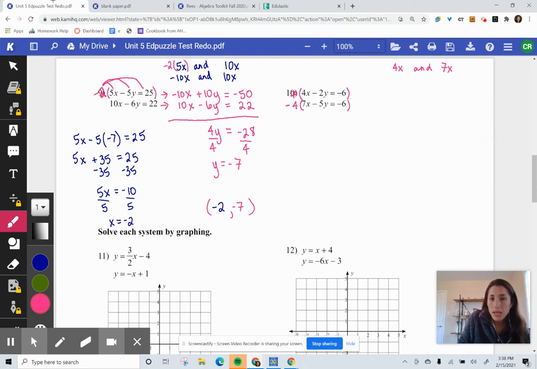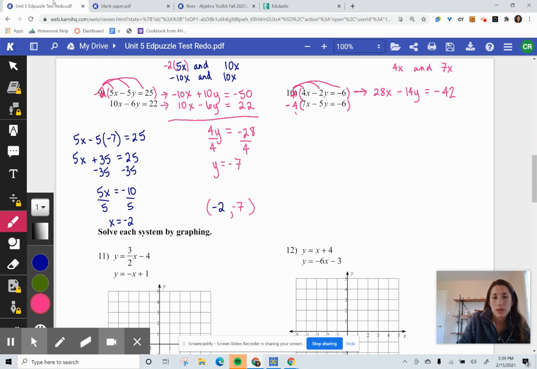And then I'm going to make one of them negative, because when I multiply 4 and 7 together, that will make 28, and I want one of them to be positive 28 and one of them negative 28. So I'm going to go ahead and distribute here. Let's rewrite our equation. 7 times 4x is 28x. 7 times negative 2 is negative 14y. 7 times negative 6 is negative 42.